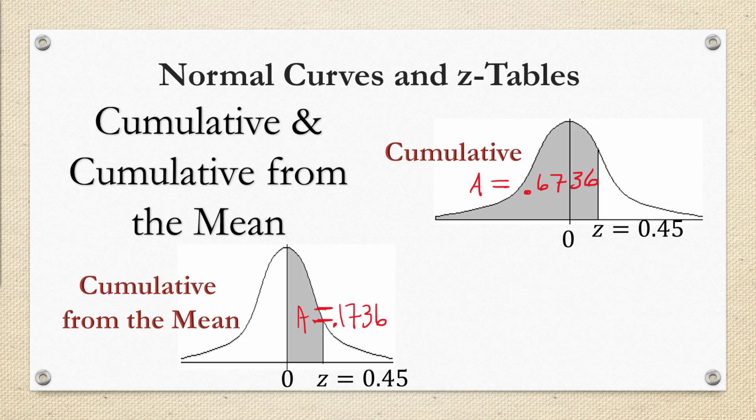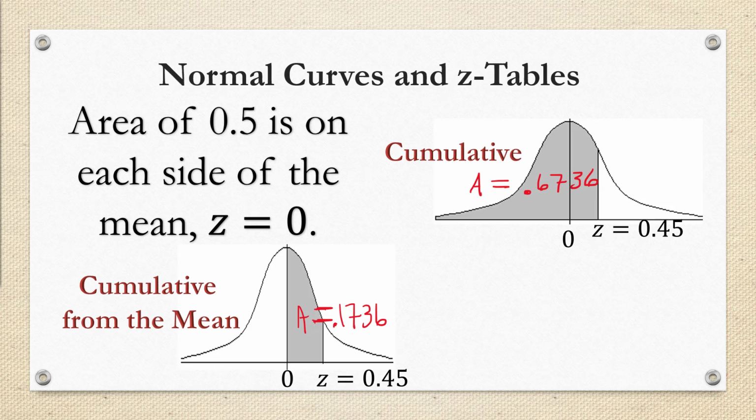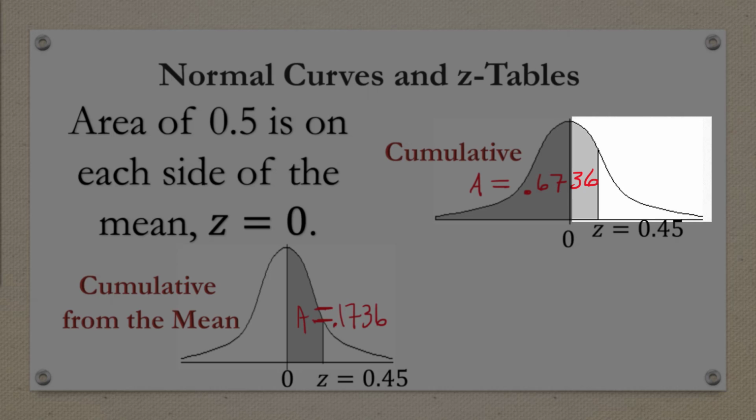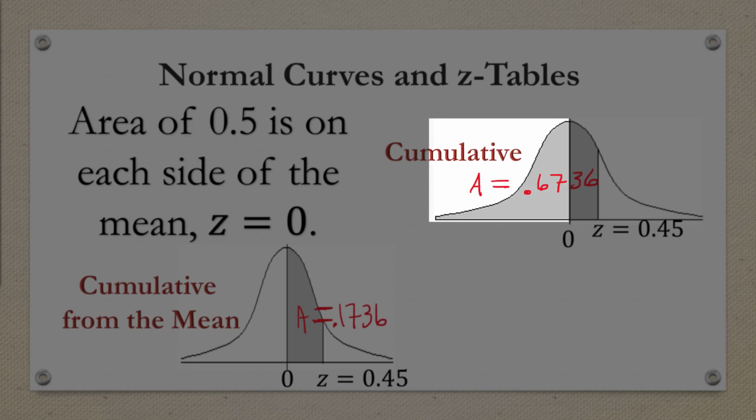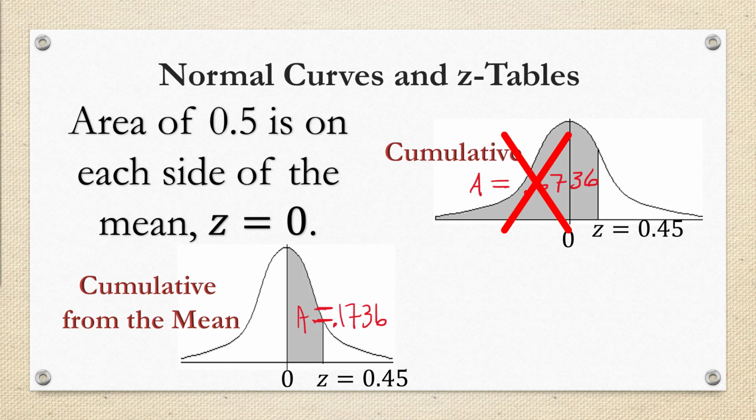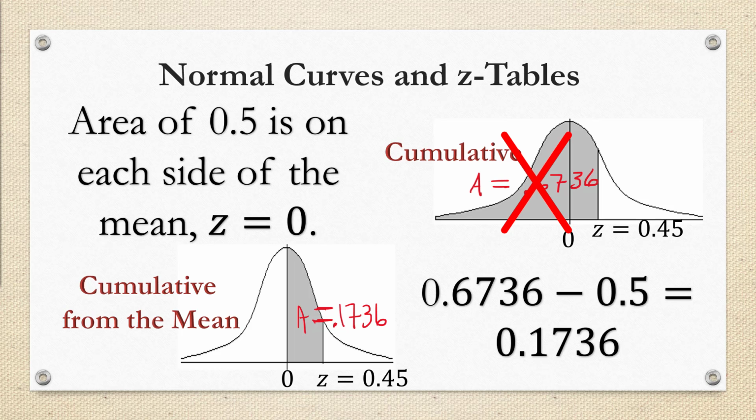Now let's compare cumulative and cumulative from the mean. In order to compare these, we need to realize that because of the symmetry of the standard normal curve, an area of 0.5 is on each side of the mean z equals 0. So if we take away an area of 0.5 from the larger region, we should be left with the smaller region. And we are. 0.6736 minus 0.5 is 0.1736.